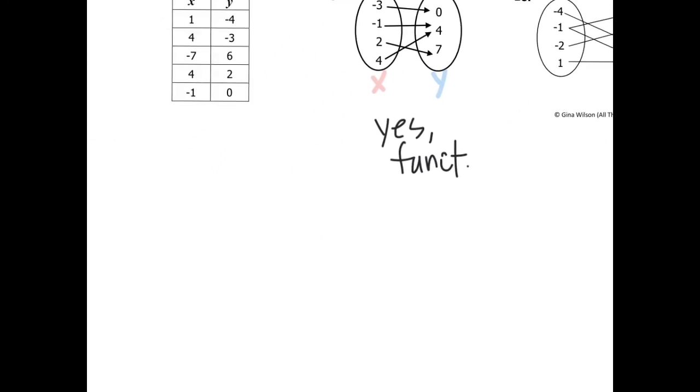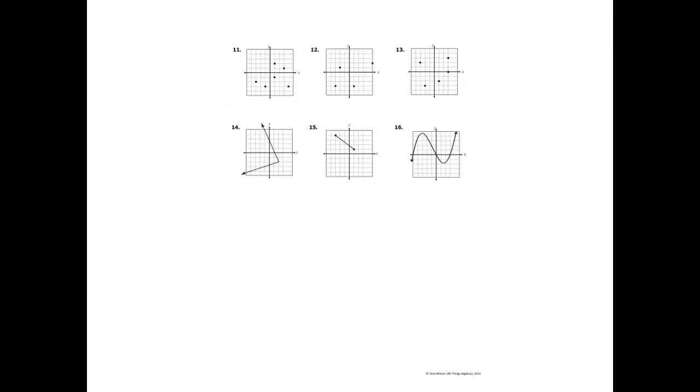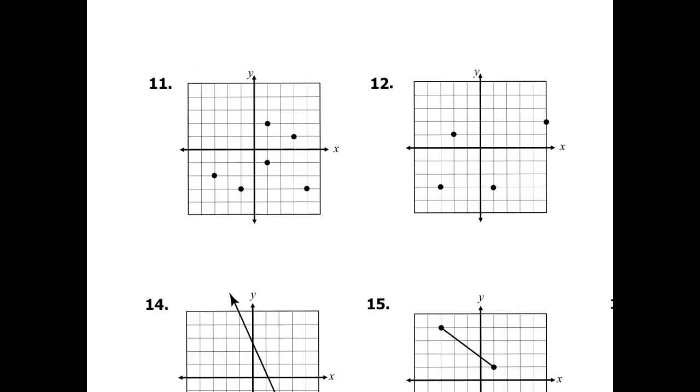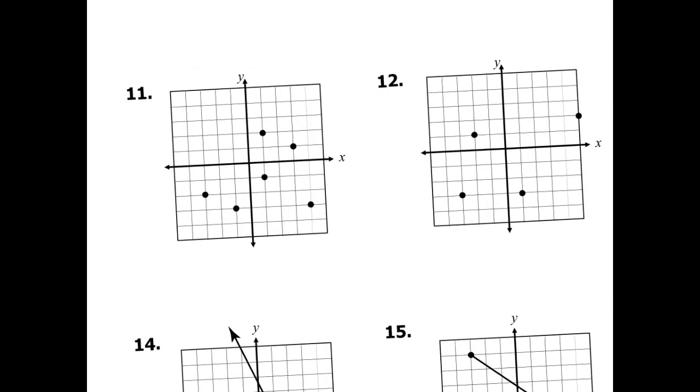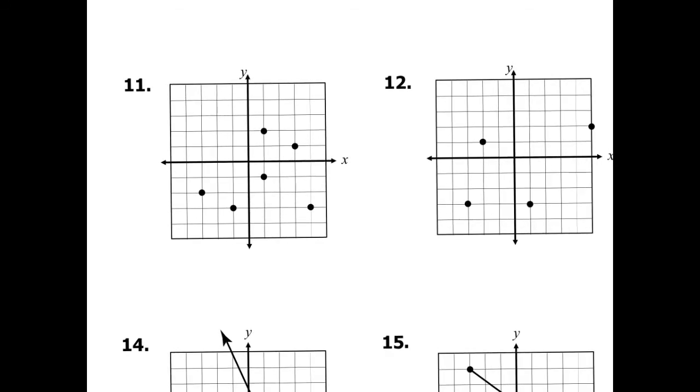Let's move to the next page. Take a look at some of these. Now we've got to take a look at our graphs, and we've got to be able to see, are there any x values that share a y value? And we're going to do a little bit of scanning. This is an x value, if you start at your origin, of over -3.